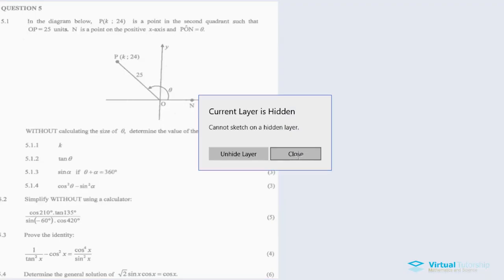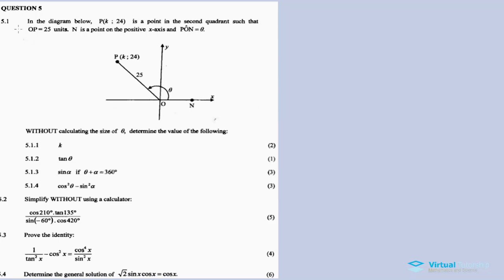P is a point in the second quadrant, and OP is the same value as R. R is the same as OP, and then they gave us this angle, theta, angle PON.